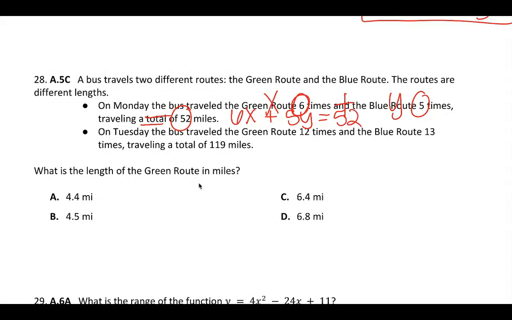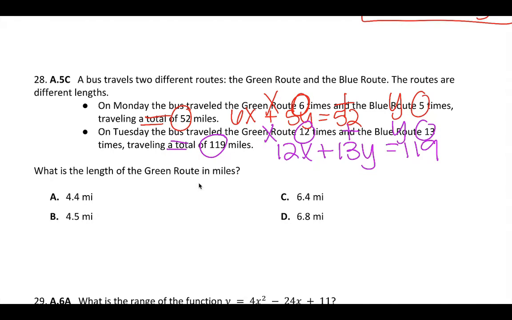On the other one, we did green route 12, blue route 13, total of 119. So 12x plus 13 times the blue equals 119. And then what is the length of the green route in miles?